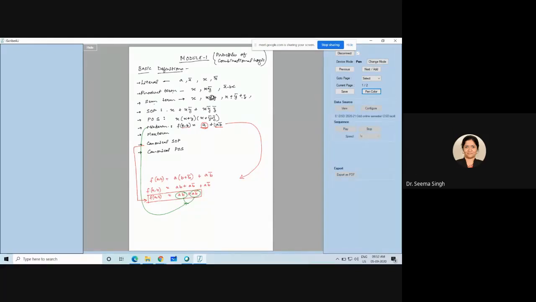Okay, now let us come to maxterm. Now maxterm, as the term specifies, write down the definition of maxterm.